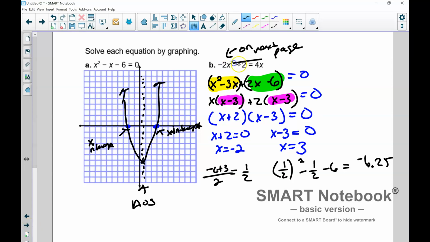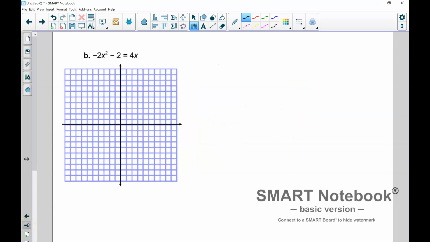Alright, now this one here, I don't know why I didn't delete it before I printed it, but that's on this page, so it gets its own page. So now I'm going to move these all to the other side, so I have one side equal to 0. Plus 4x plus 2. Now I'm going to factor out the 2.